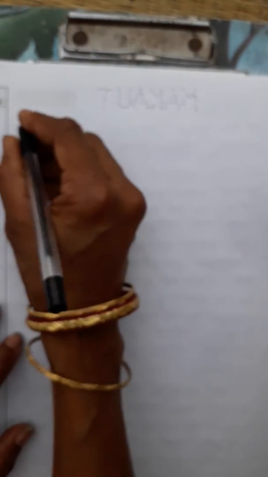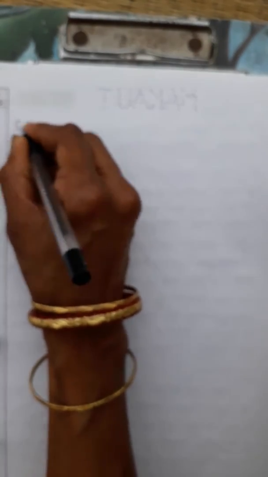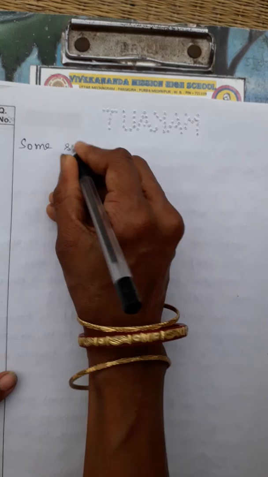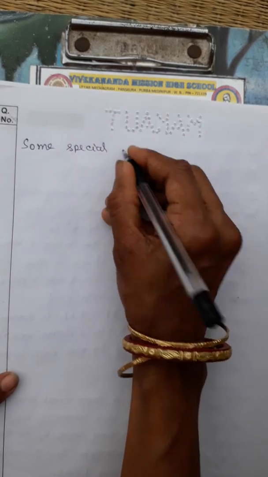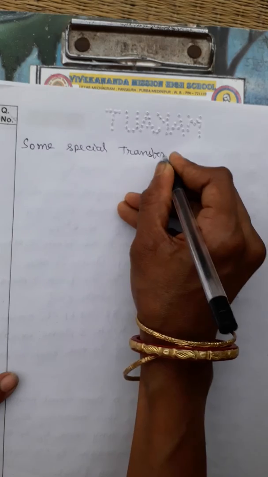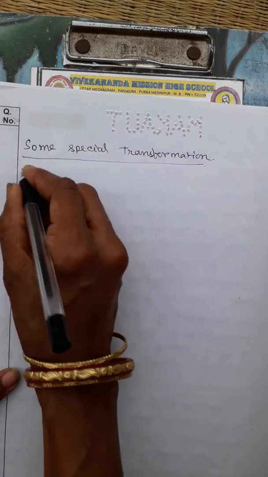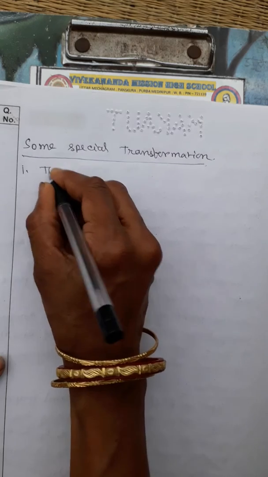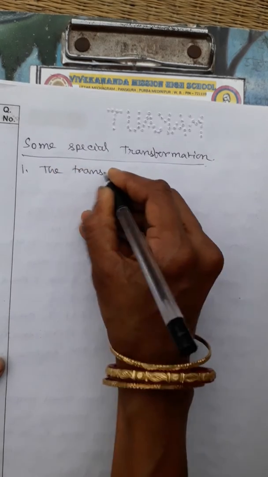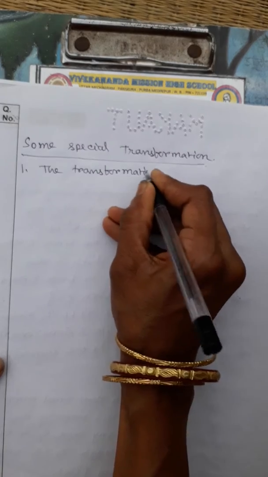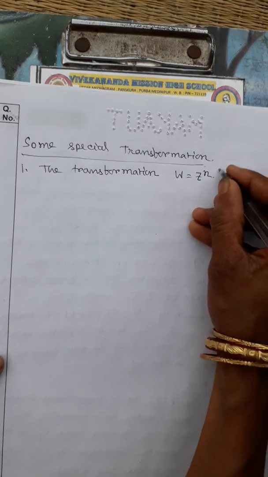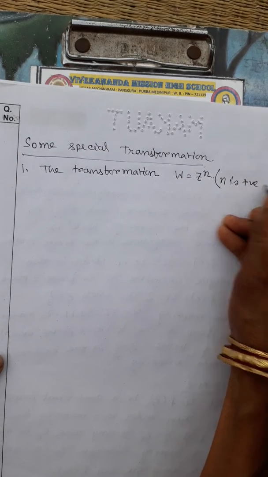Now, some special types of transformation are there. First one is the transformation w = z^n, where n is a positive integer.